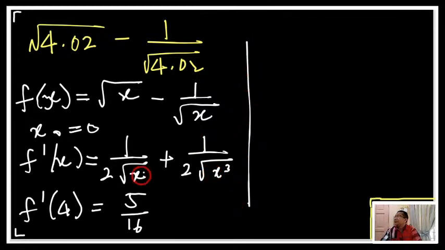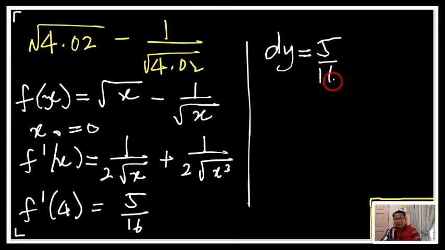I don't want to show the answer. And then dy, the differential of y, is equal to 5 over 16 times x minus x0, which is 4.02 minus 4.